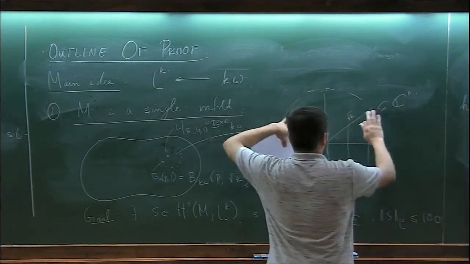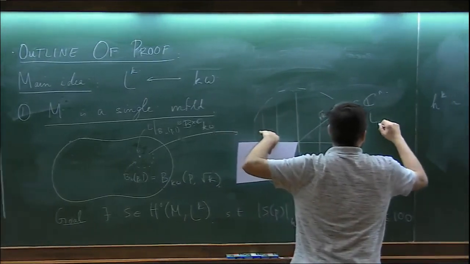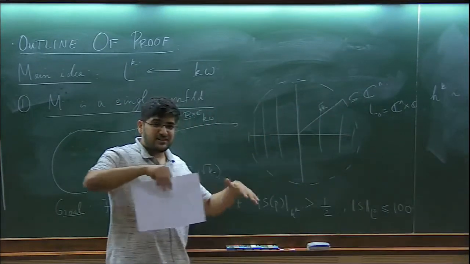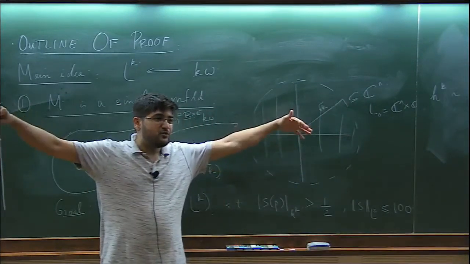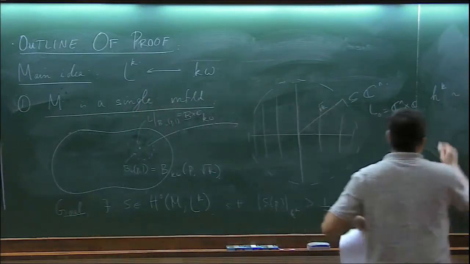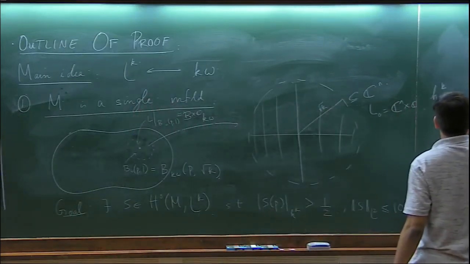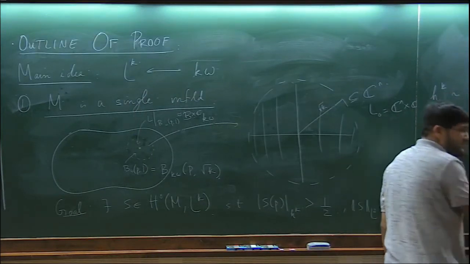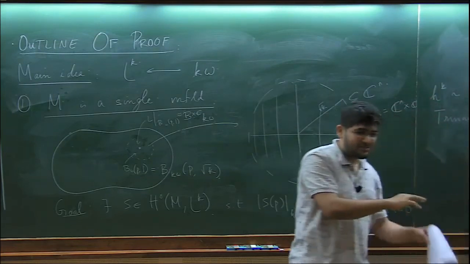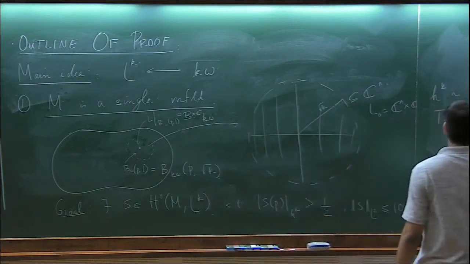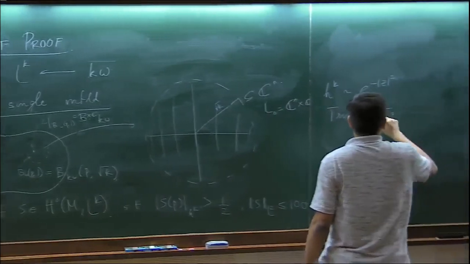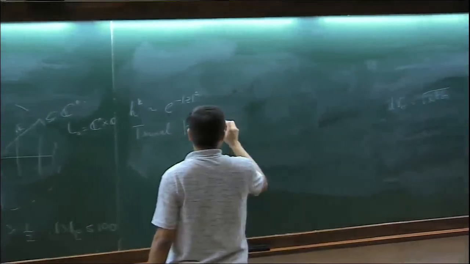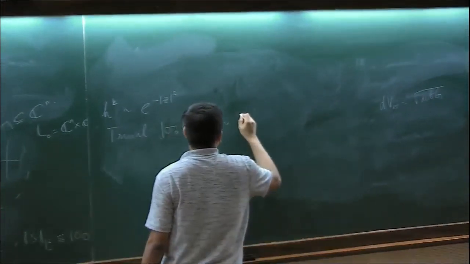If I look at the trivial line bundle on this, I have a section which is basically the section 1 everywhere. So I take a nonzero section sigma naught, such that the norm in this metric at P is approximately 1.